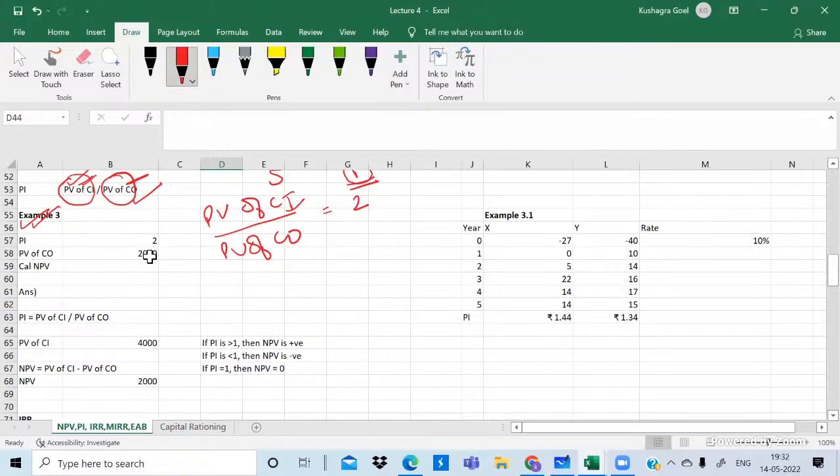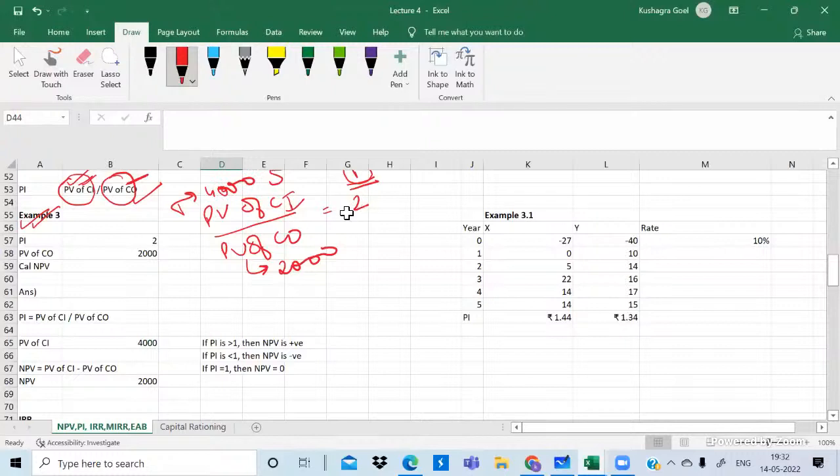They're saying present value of cash outflow is 2000. So the denominator is given as 2000, which means you can easily calculate your numerator, which is the present value of cash inflow. Present value of cash inflow will be nothing but 2000 into 2. You'll get your present value of cash inflow as 4000.